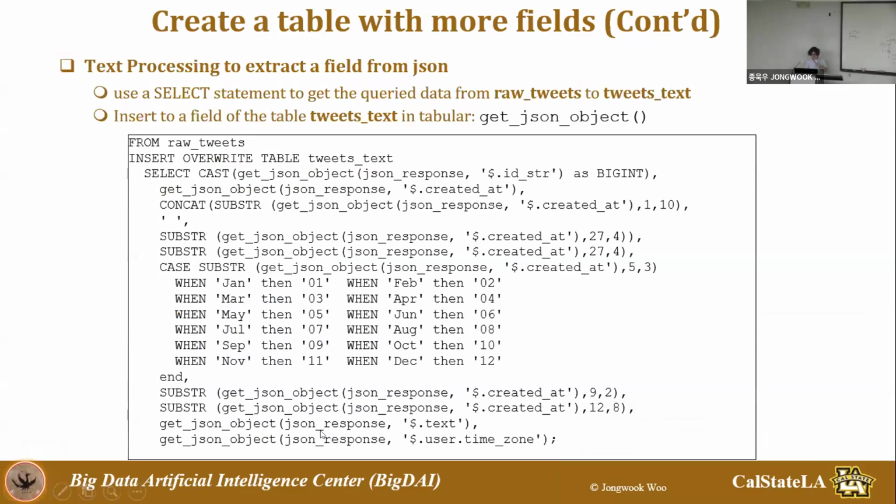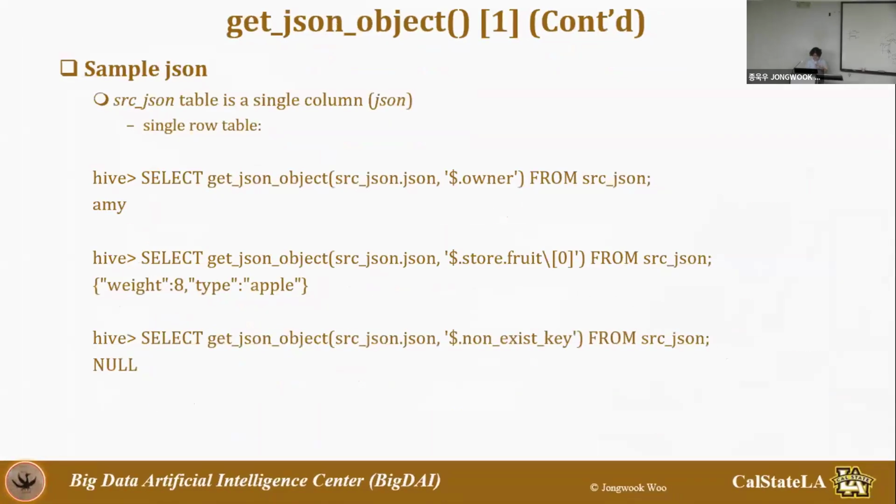Let's look at the next one, the second to last, the element that is root dot text. So this is the tweet text column. Let's look at it.